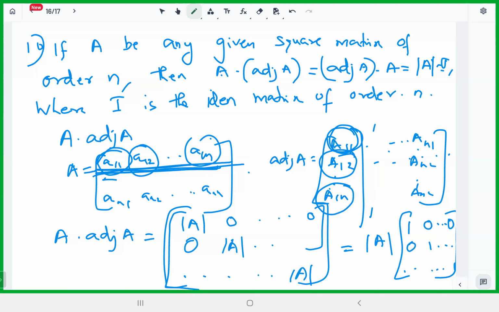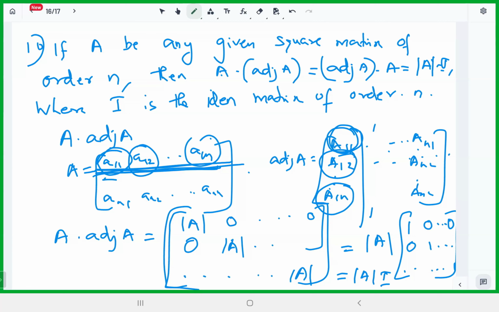Which matrix is like that? It is the identity matrix of order n. So that is equal to determinant A into I. So we have proved one part.